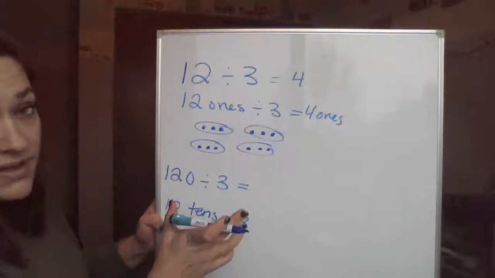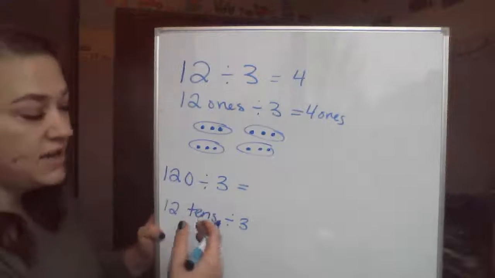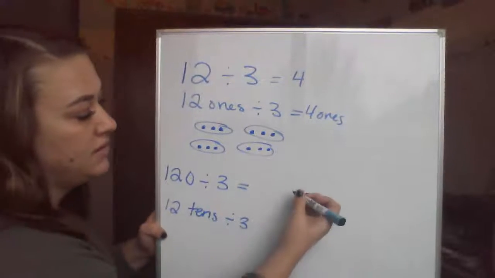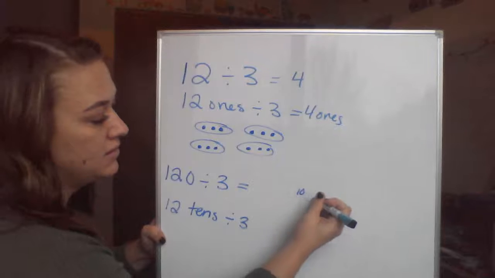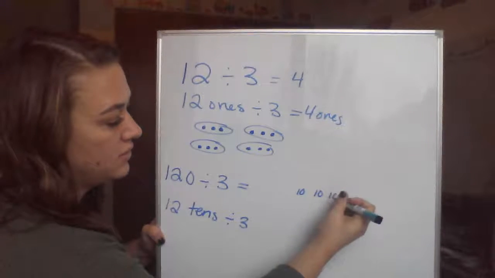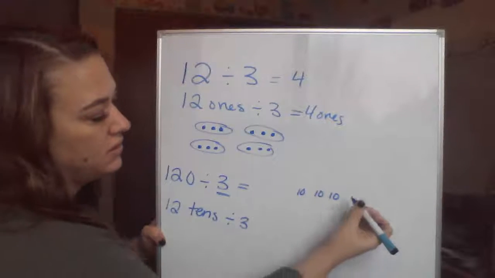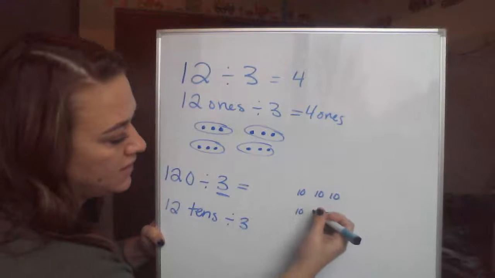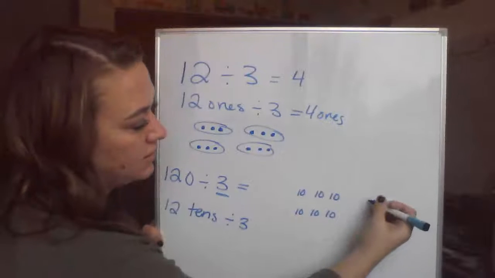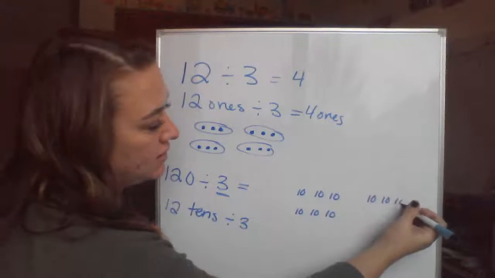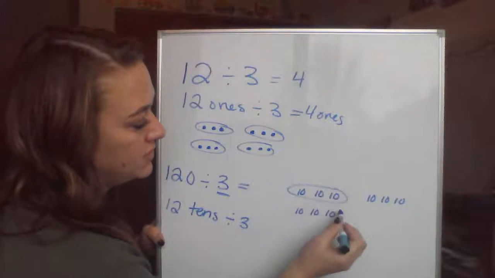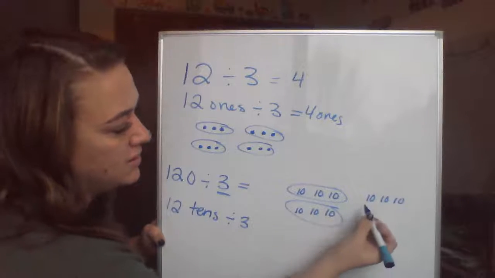I'm going to show them as place value disks, and each disk is going to be worth 10. So here's 10, 20, 30. I'm making groups of 3. So there's a group. So there's 30, 40, 50, 60, 70, 80, 90. You can circle your groups to show your groups of 3.